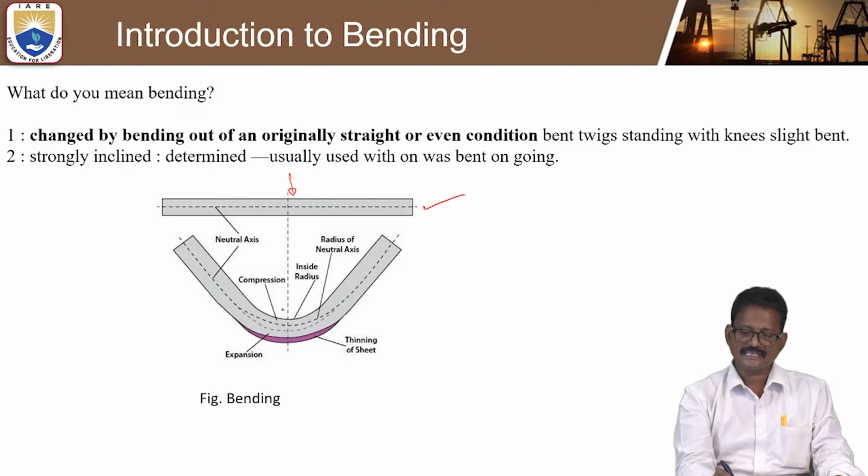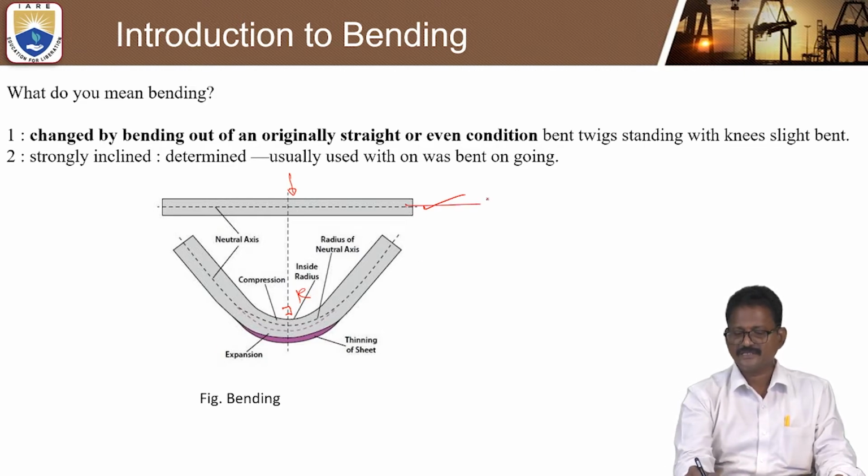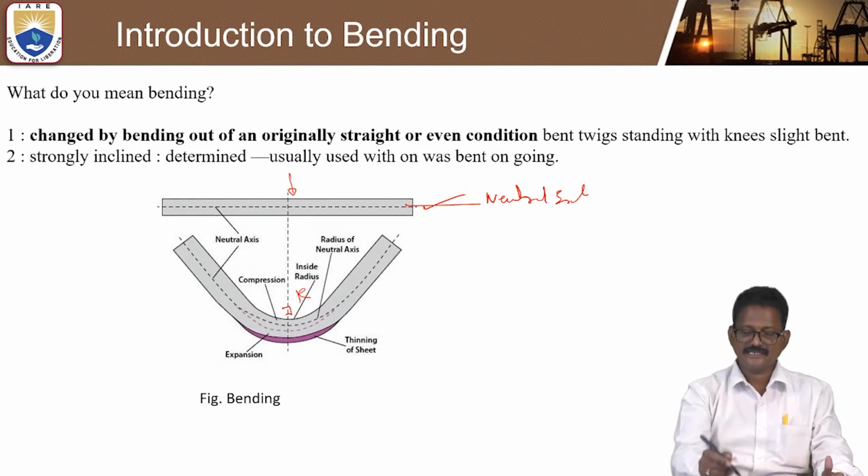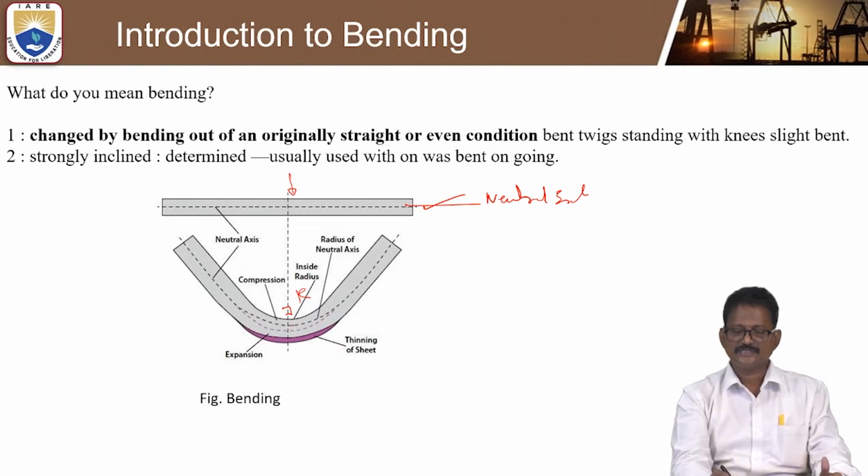Inside, we have the inner radius and the radius of the neutral axis. For example, this will be the neutral axis. Above the neutral axis there will be expansion, and below the neutral axis there will be compressive force.